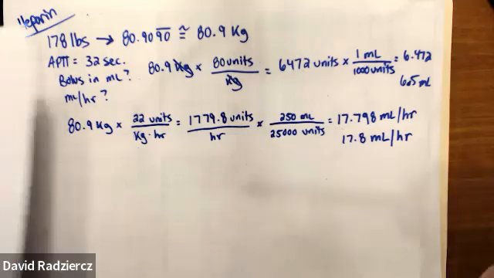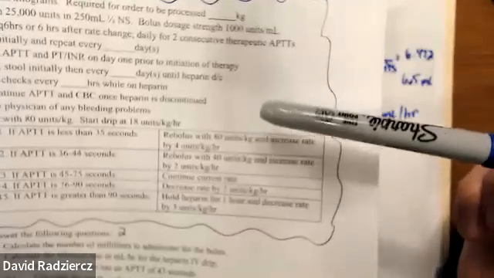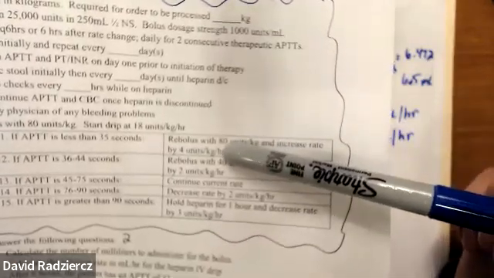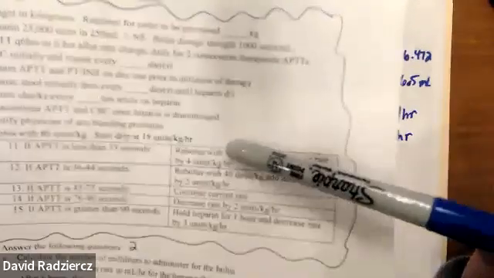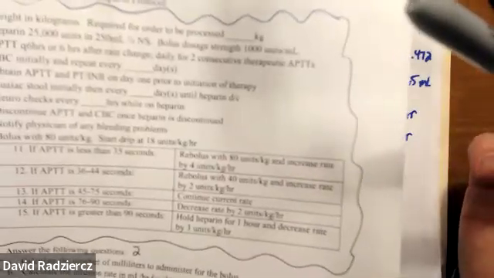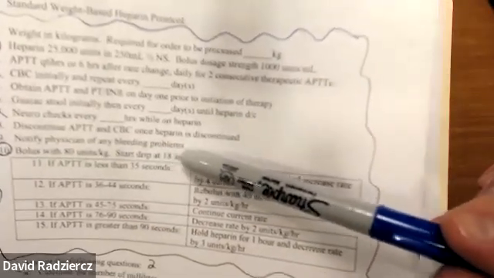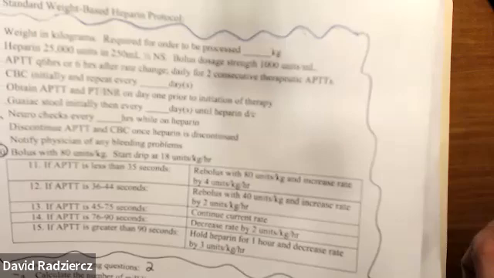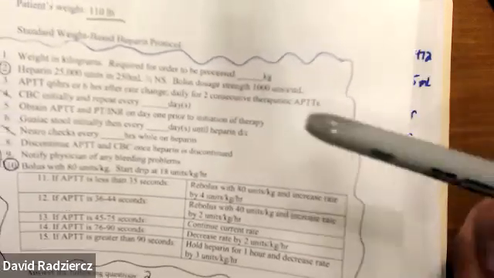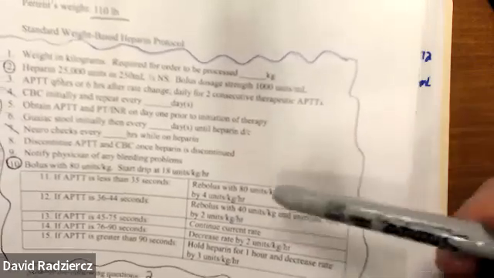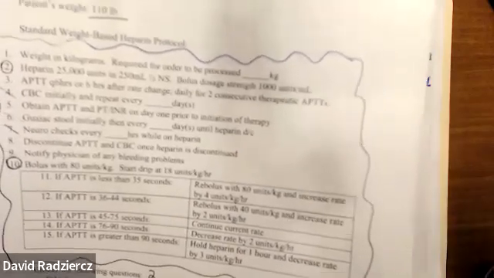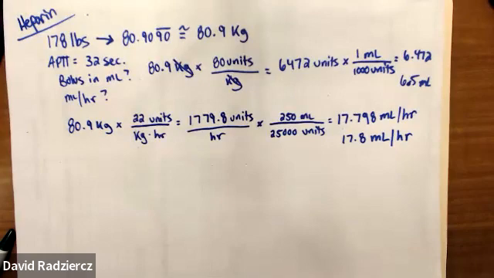When I gave you the other scenario with increasing the rate by 4, I didn't do 80 divided by 4 because that would have been 20 as well. I did 18 plus 4 because that's what that's pertaining to. It's the drop rate or the flow rate, 18 units per kilogram per hour. I increased it by 2 or by 4, and that's where those numbers are coming from.